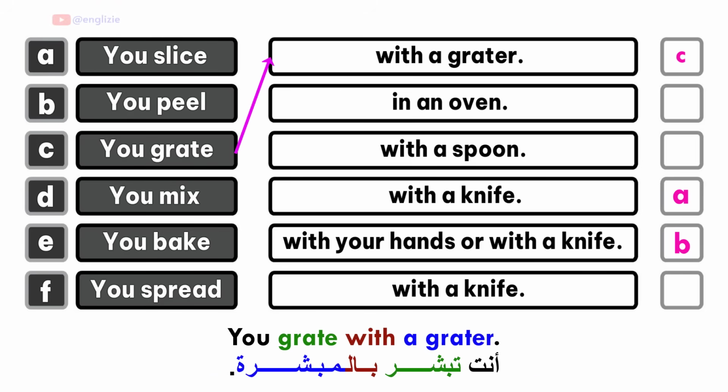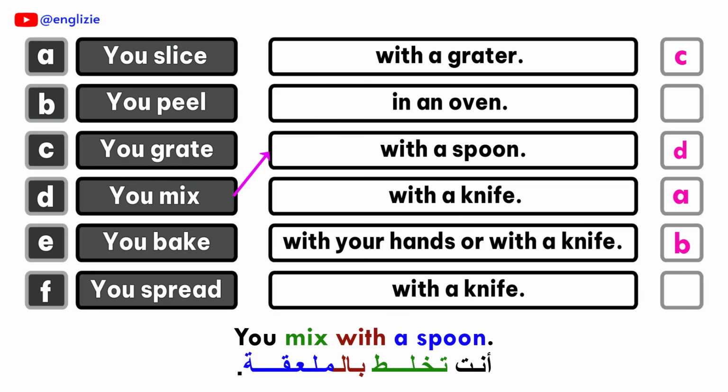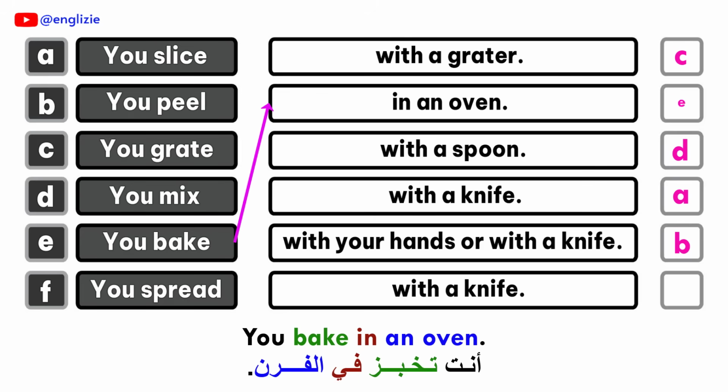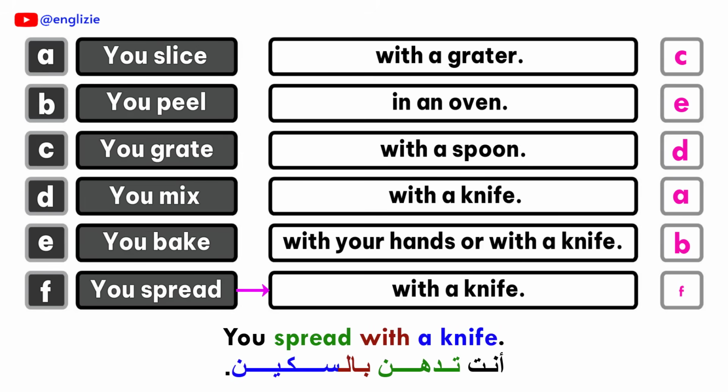C. You grate with a grater. D. You mix with a spoon. E. You bake in an oven. F. You spread with a knife.